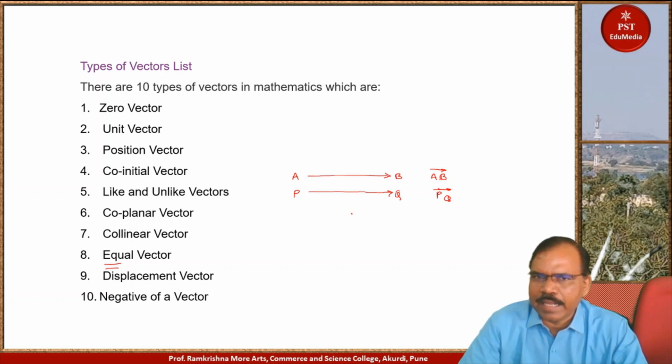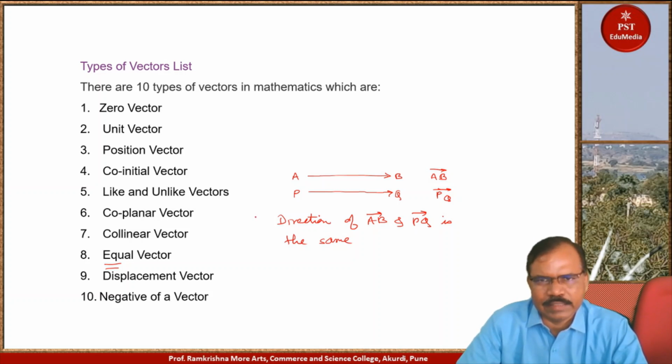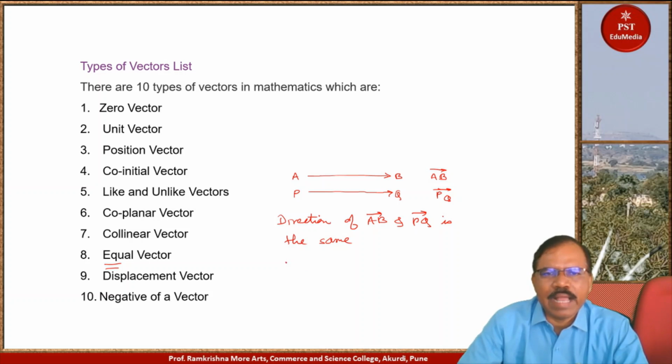Now here the direction of AB and PQ is the same. So here two vectors have the same direction, and if we take the magnitude of AB vector, suppose it is some m, and the magnitude of PQ vector, suppose it is also equal to m.